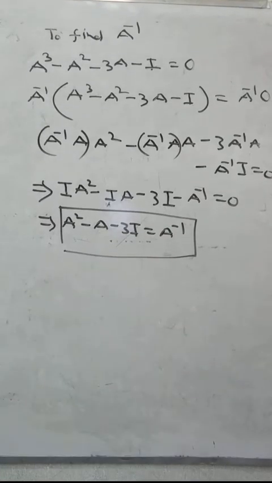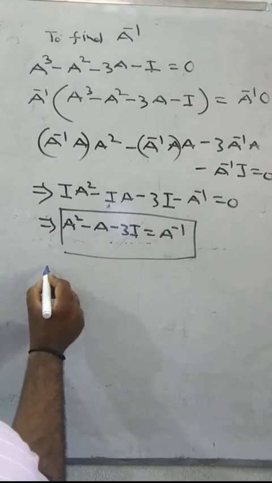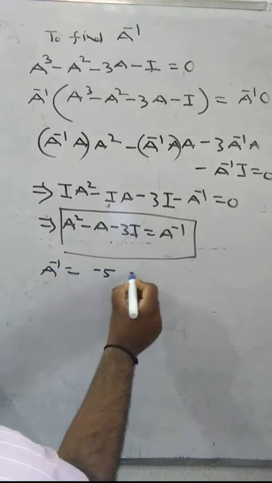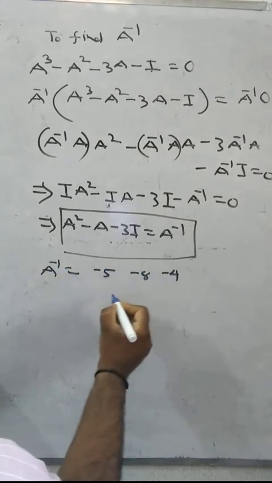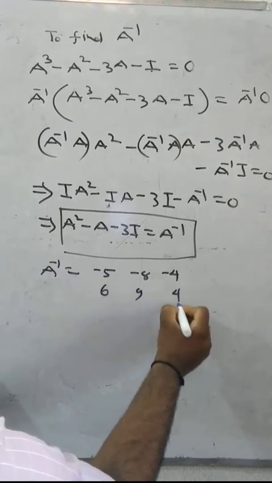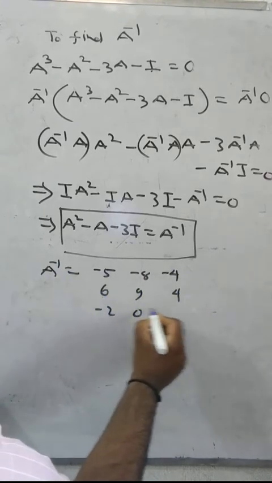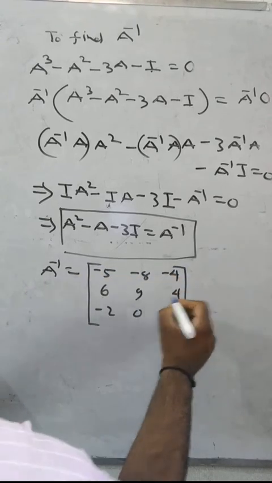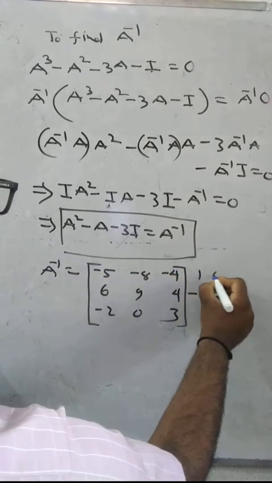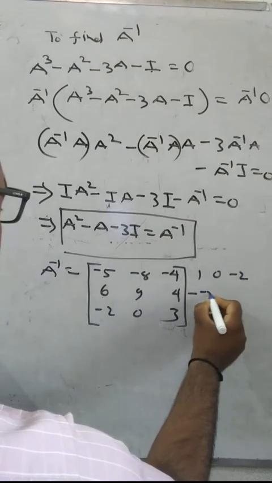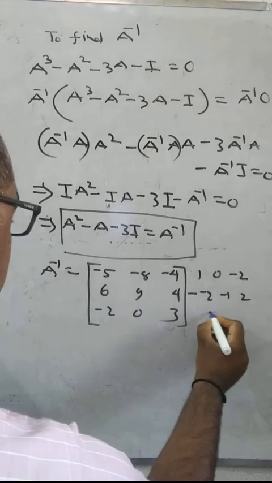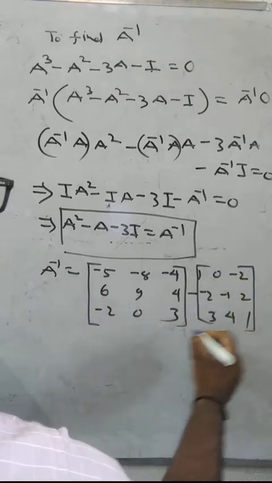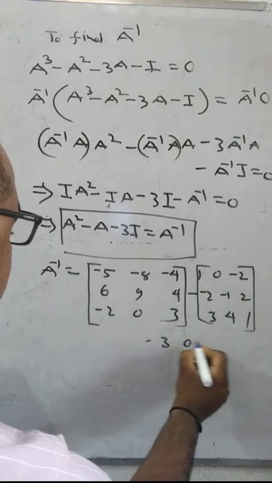And if you put the values, then A inverse is equal to minus 5, minus 8, minus 4; 6, 9, 4; minus 2, 0, 3. This is the value of A square. Minus A, that is 1, 0, minus 2; minus 2, minus 1, 2; 3, 4, 1. This is the value of A, and this is the value of 3I.